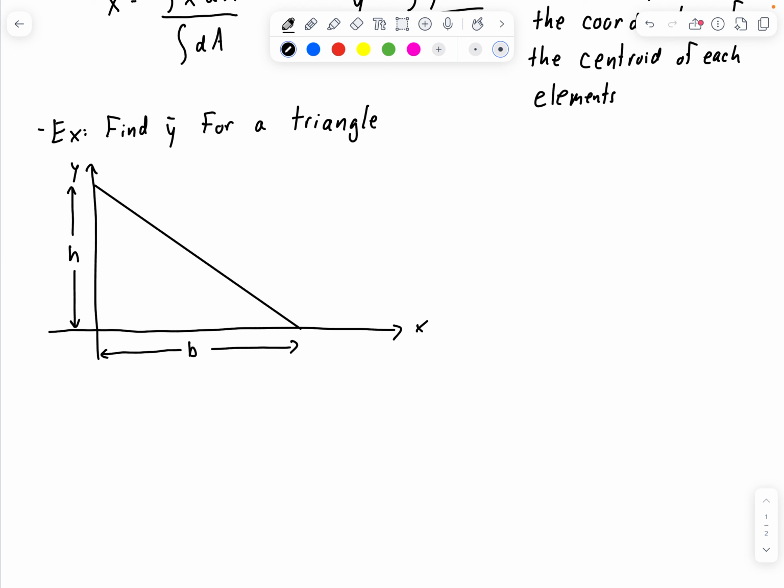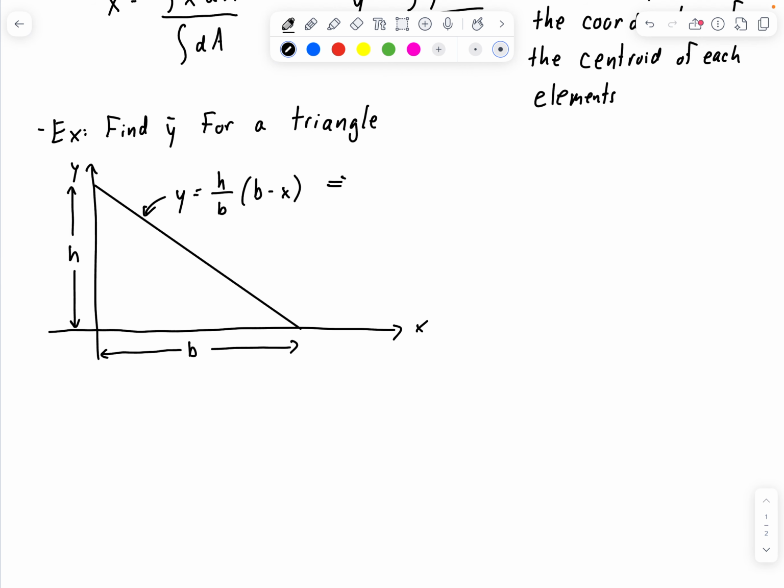So this is our triangle. We would like to find the coordinate of the centroid in the y direction. And one more thing to note here is that this line is defined by y is equal to h over b times b minus x.